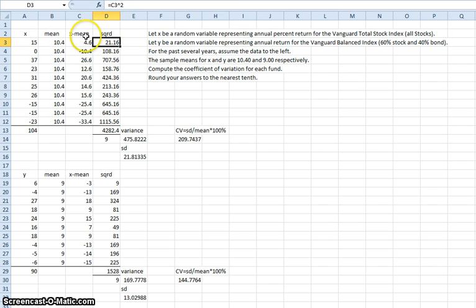So we have equals C3, and we square it by using that little caret symbol, which is above the number 6 on your keyboard, and that just means within Excel to use it as an exponent. So we're taking what's in the cell C3, which is the difference between X and the mean, and we're squaring it.